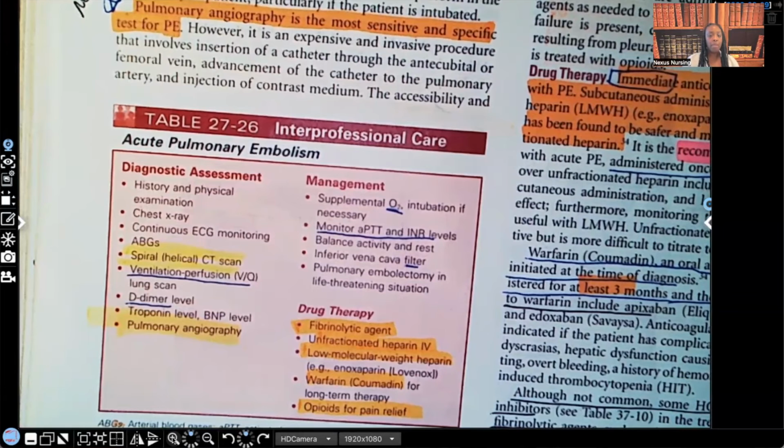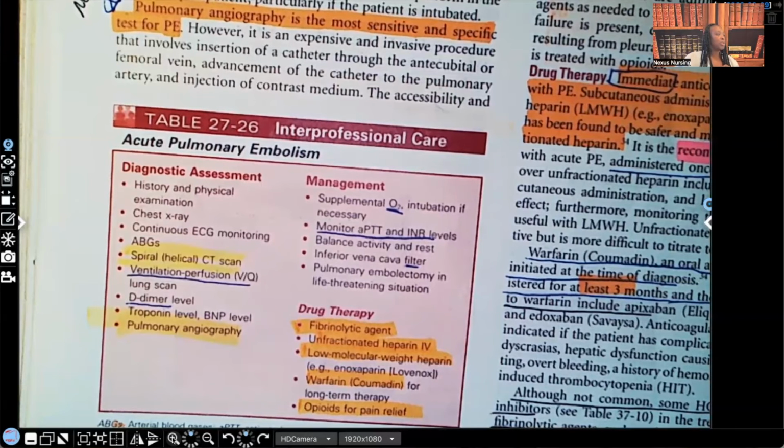For management, patient's going to be on oxygen. You're going to be looking at the PTT, INR. Drug therapy: fibrinolytic agents, unfractionated heparin, low molecular weight heparin, Coumadin, opioids for pain relief.